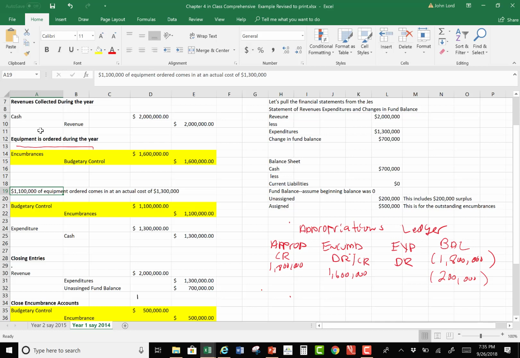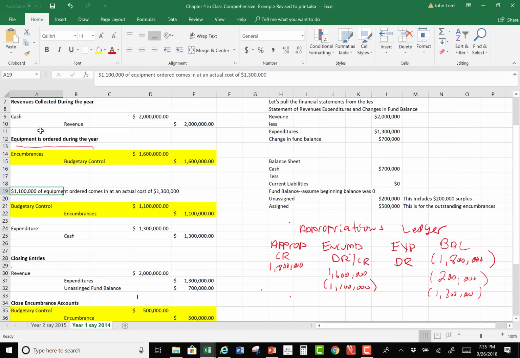Okay, so I go ahead and now I credit my encumbrances for 1,100,000, putting that in the appropriations ledger. For a split second, the balance comes back here to 1,300,000, doesn't it? For a brief moment.